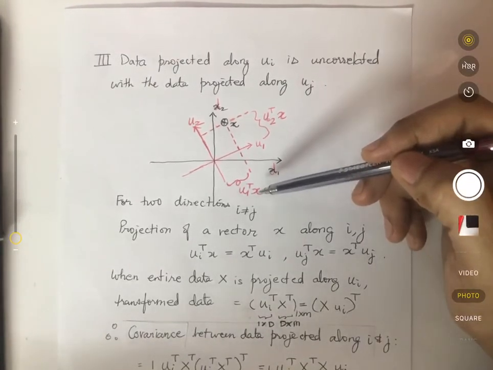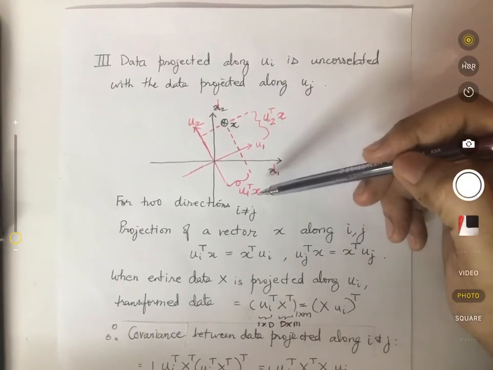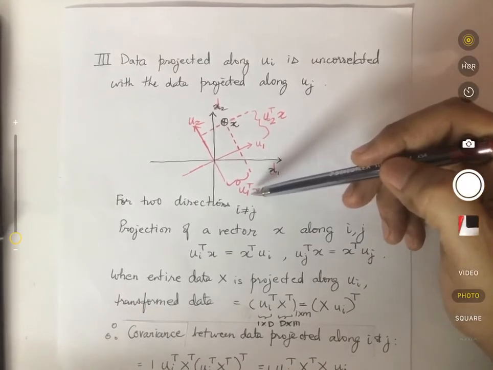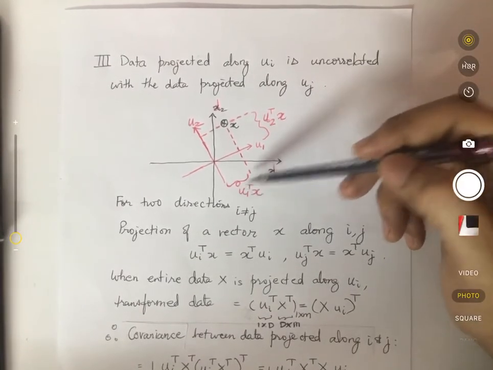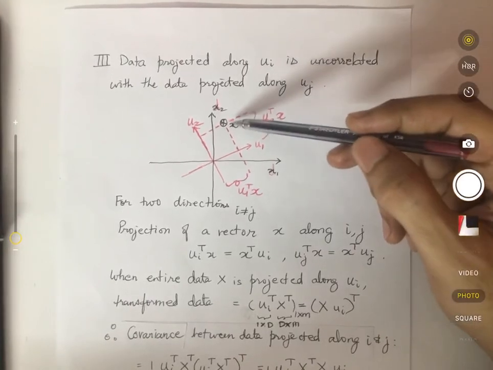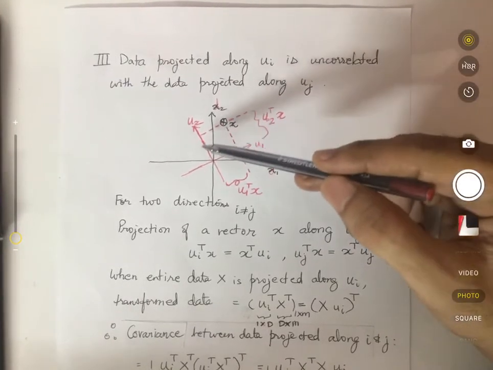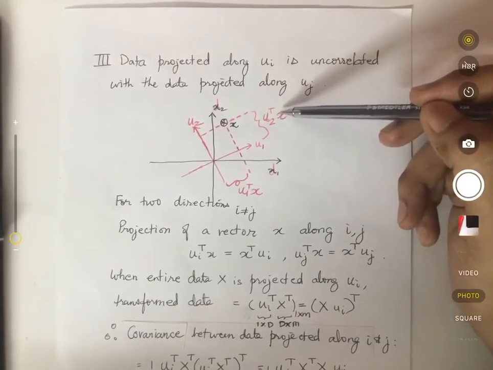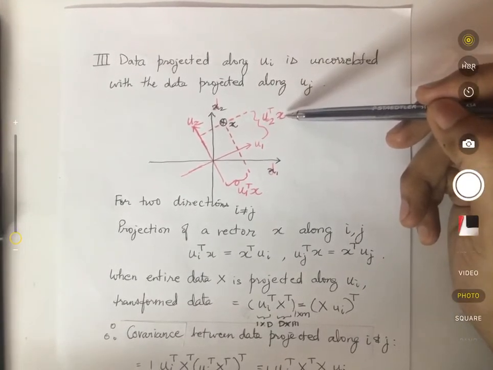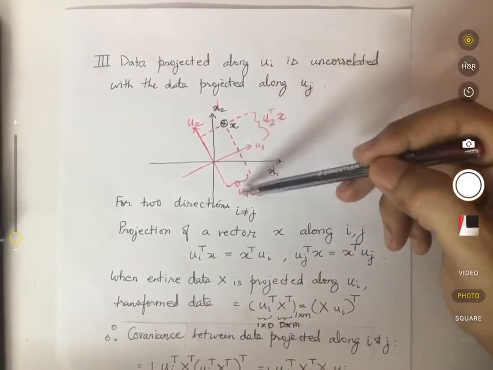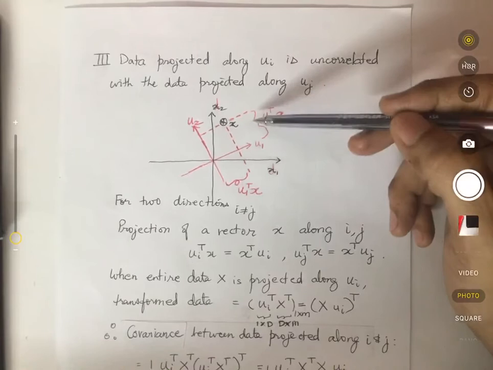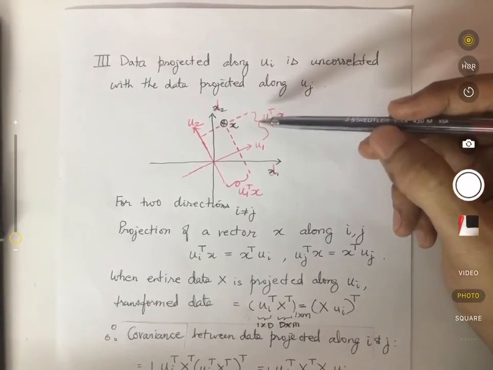I told you that projection means a dot product with a unit vector, and u1 happens to be a unit vector, so it's the same. And you can also project x along the u2 direction, in which case you would get u2 transpose x. So these two are projections of x along the directions of the two eigenvectors u1 and u2.